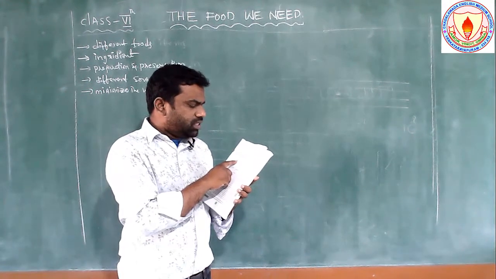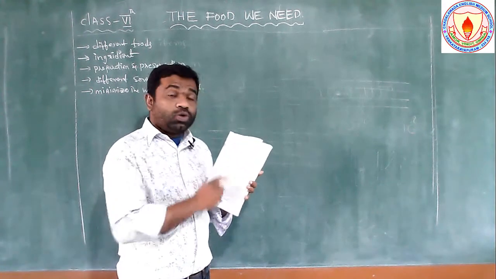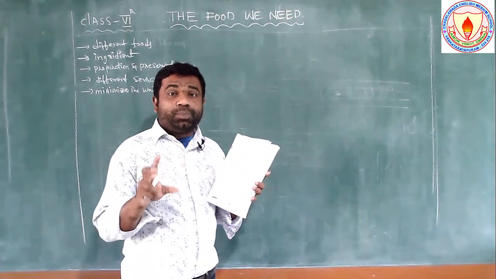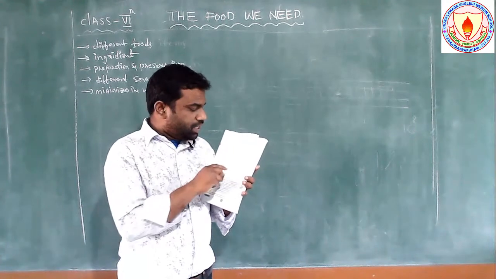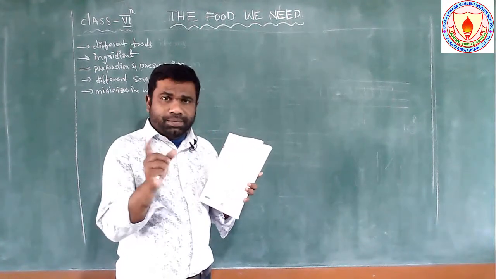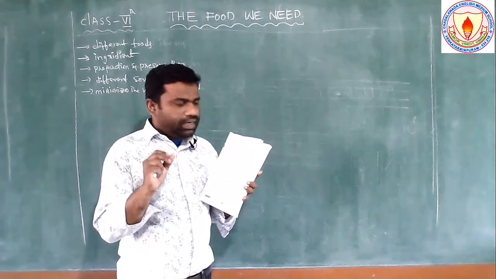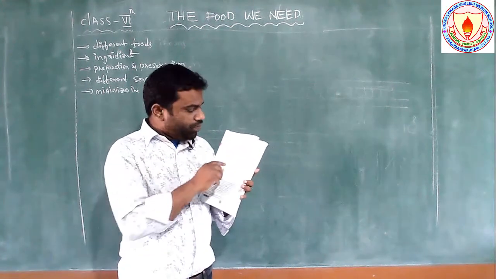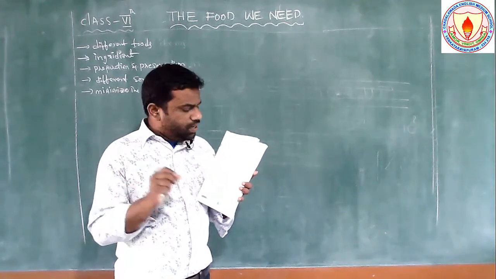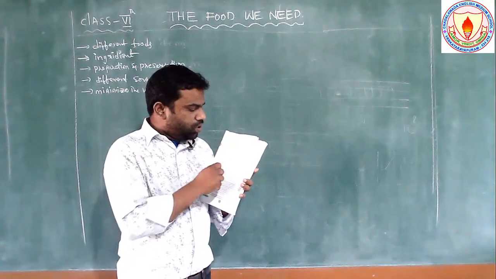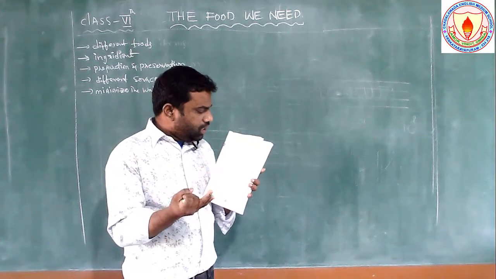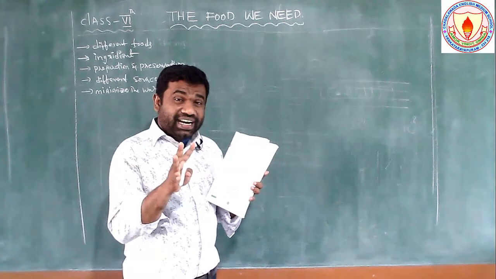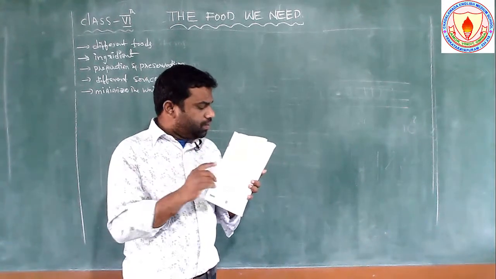The second one is payasam. What ingredients do we need to prepare the payasam? For example, semia, dry fruits, sugar and milk. These are the ingredients to prepare the payasam.